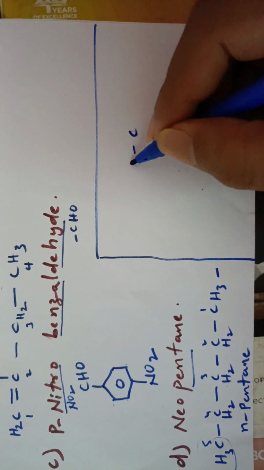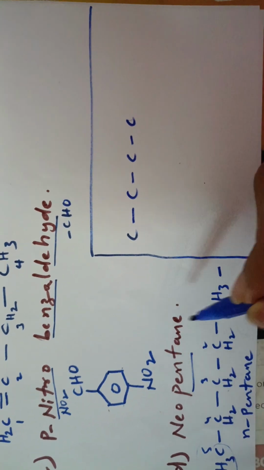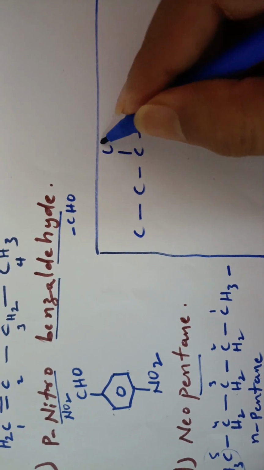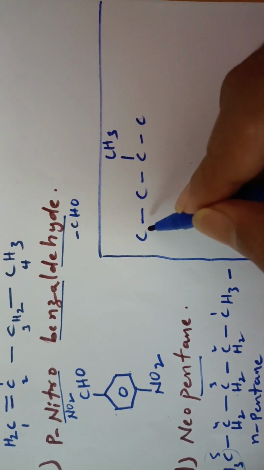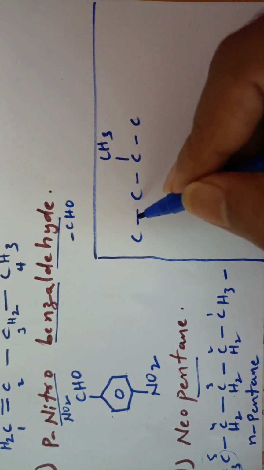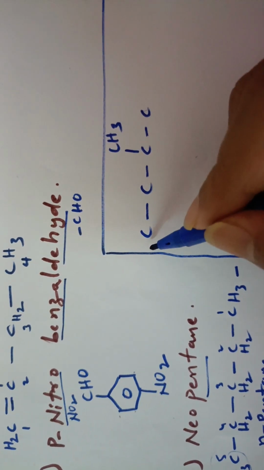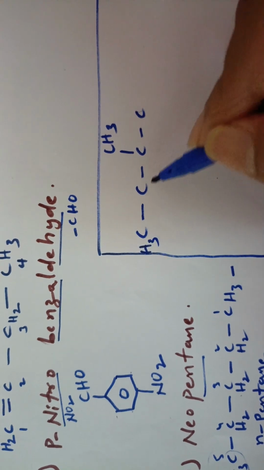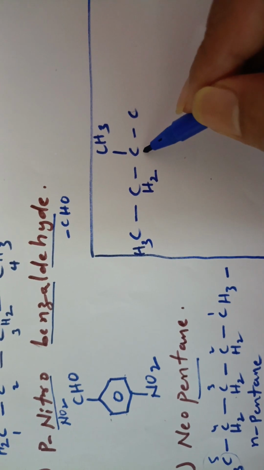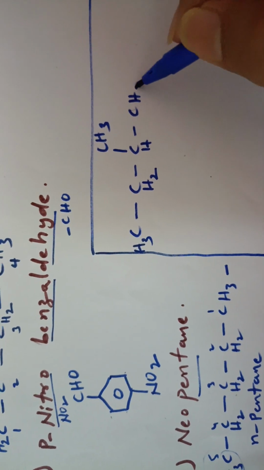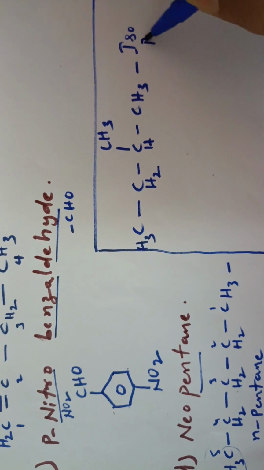At the second carbon, this CH3 is attached. Then you have to fill all the bonds with hydrogen atoms. Carbon has 4 bonds because carbon valency is 4. Here the carbon has one bond, so the remaining 3 bonds go with 3 hydrogen atoms. This carbon has 2 bonds remaining with 2 hydrogen atoms. This carbon has 3 bonds remaining with 1 hydrogen atom. Here with 3 hydrogen atoms. This is isopentane.